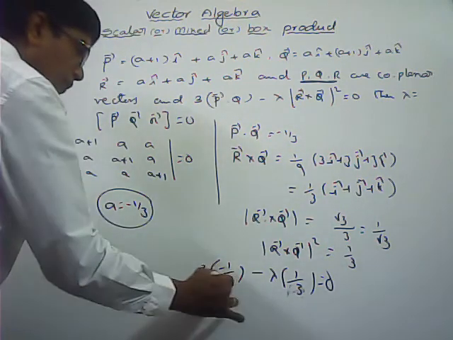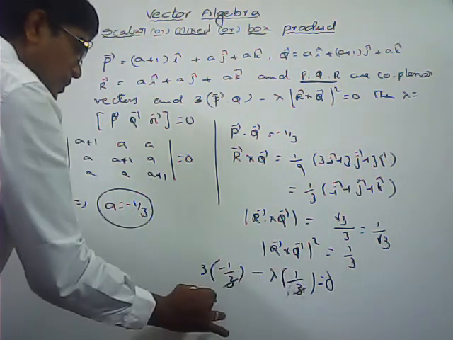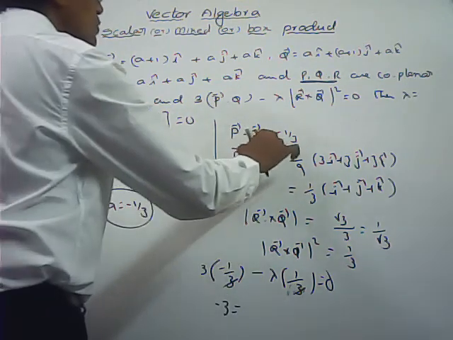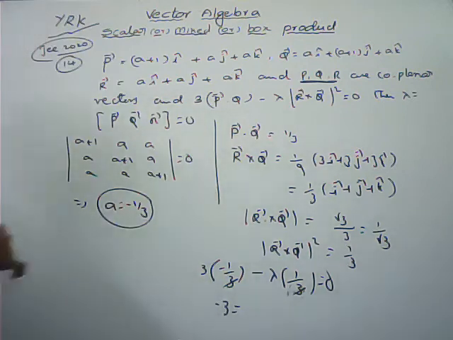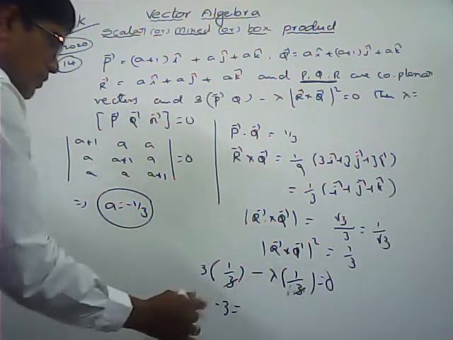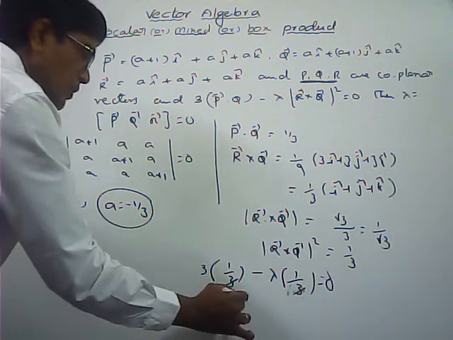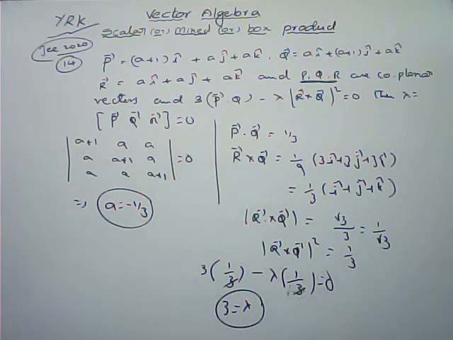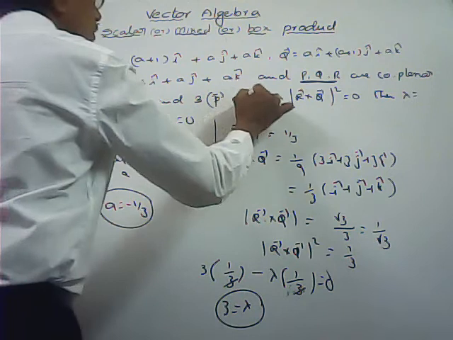So multiplying with the 3, these two get cancelled. Minus 3, maybe here P bar dot Q bar we may get a plus, I think. 3 is equal to lambda. Sorry for this one, I have written that question wrongly.